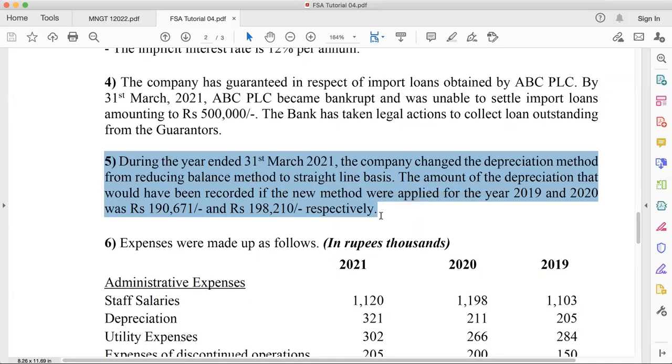Number 5. You see, during the year 2021, the company changed the depreciation from reducing balance to straight line basis. The amount of depreciation that would have been charged if the new method were applied for 2019 and 2020 was 190,671 and 198,210.